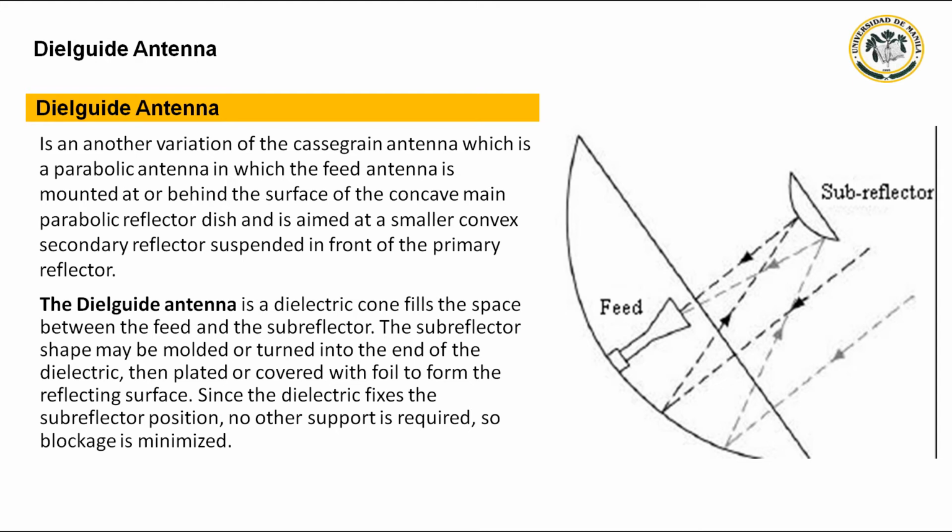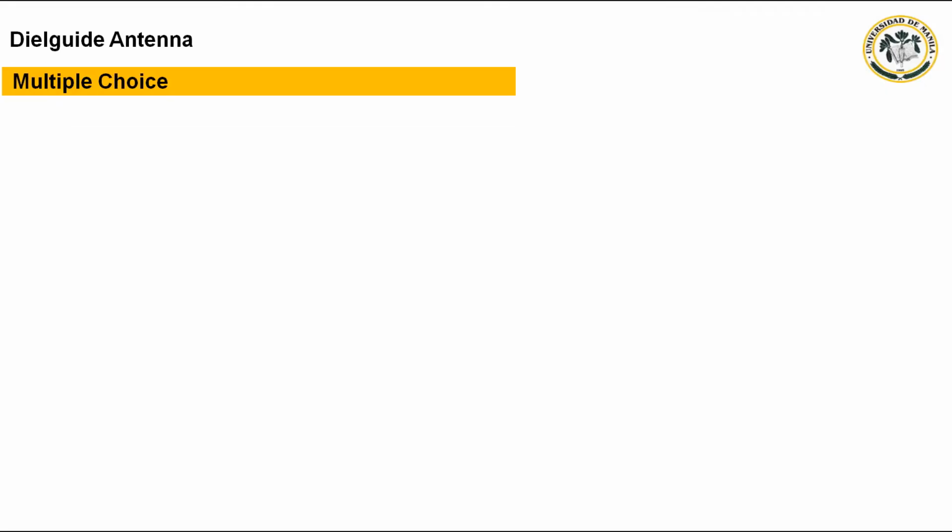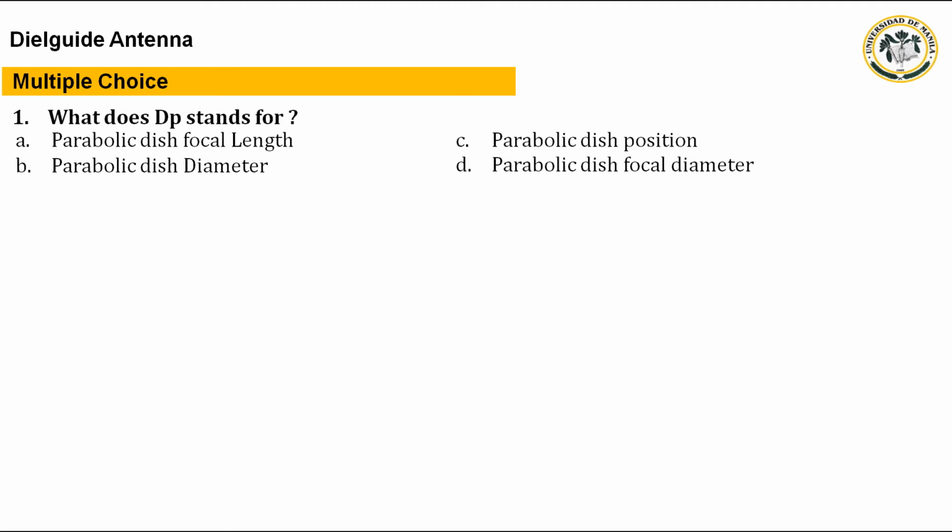Again, to be sure that you are truly listening, here are some multiple choice questions that I have prepared for you to answer. Okay, number 1. What does dP stand for? A. Parabolic dish focal length. B. Parabolic dish diameter.